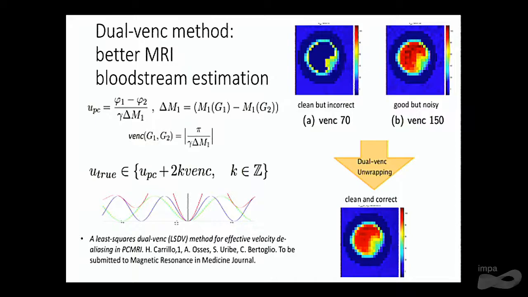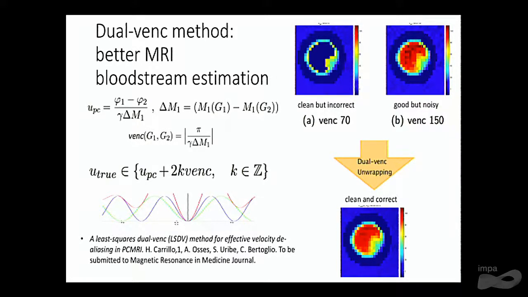So what was our contribution was very simple. In fact, there was some non-uniqueness in the recovery of the velocity from phase contrast, since this phase was, in fact, known only up to a factor 2 pi, or some multiples of 2 pi.